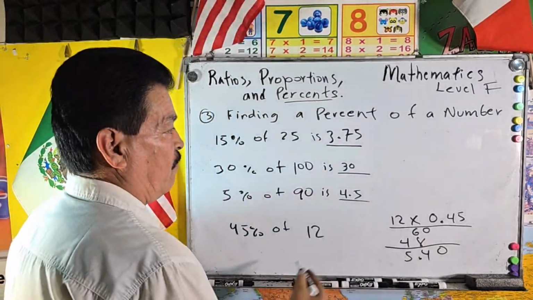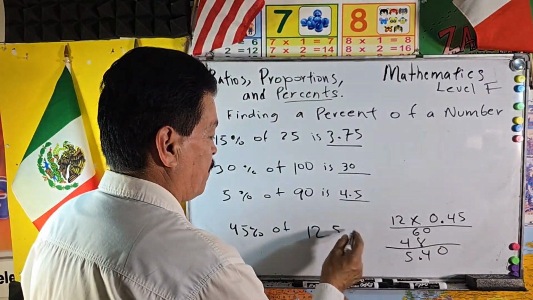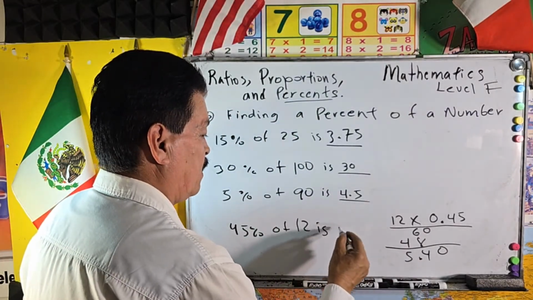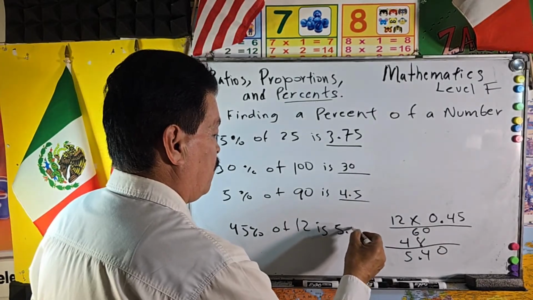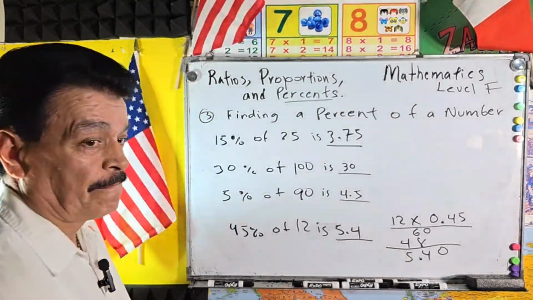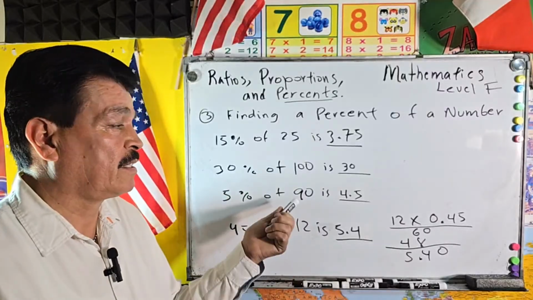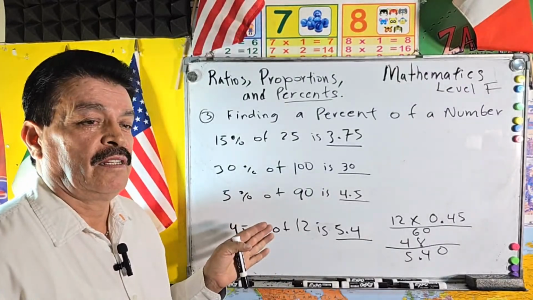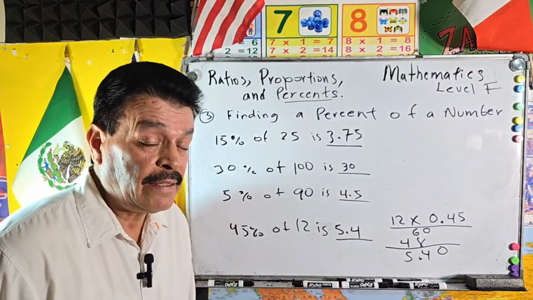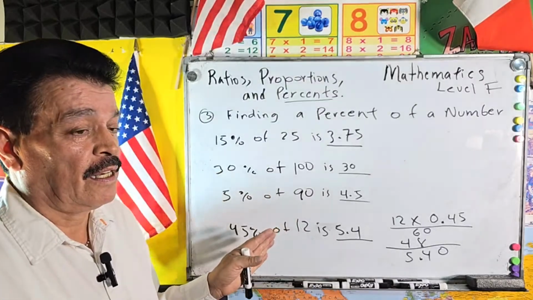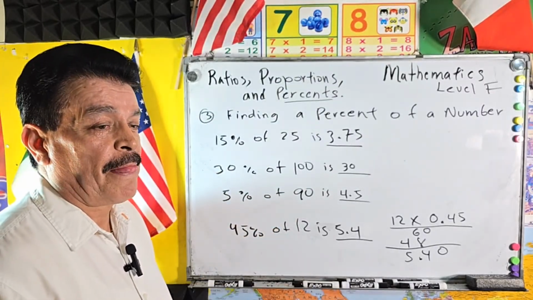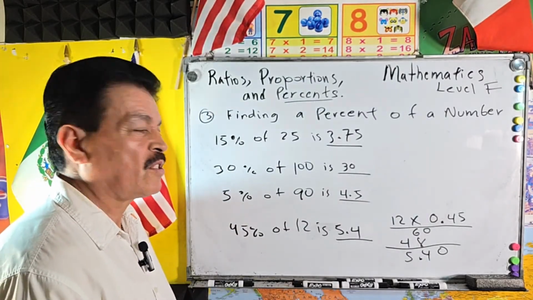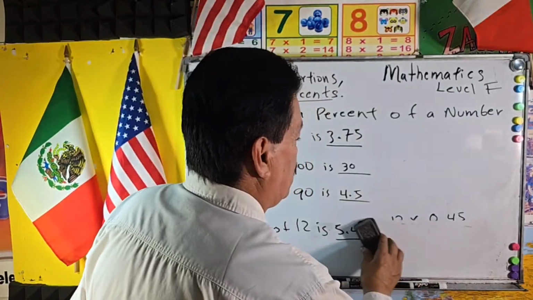So 45% of 12 is 5.4. See? That's the way to get this answer. Finding a percent of a number. This is the way to find the percent of a number, right? So very easy. Let's practice some exercises, some problems for practice.